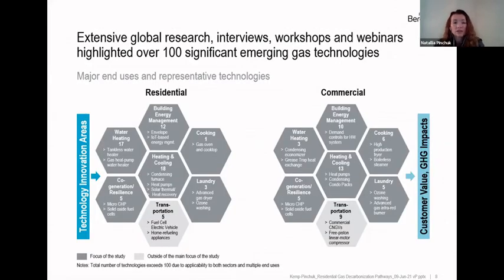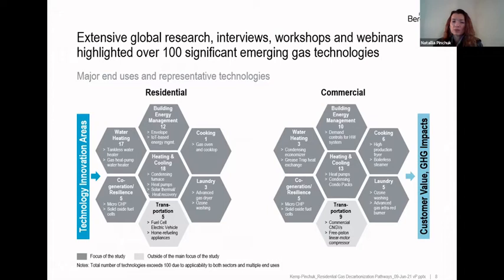You see that the end uses that we looked at generally were building energy management, think things like building envelope and being able to, with a smart thermostat, control how you manage the energy usage, cooking, heating and cooling of space, water heating, cogeneration, so think micro CHPs, and laundry.